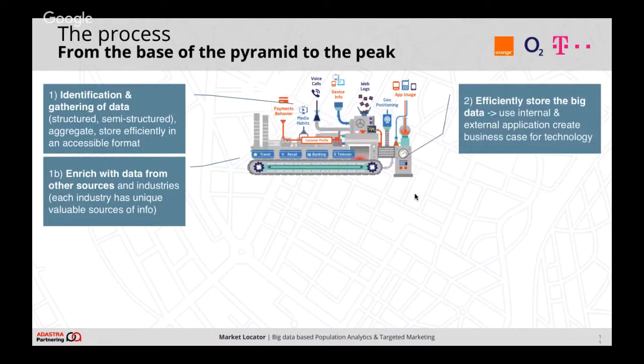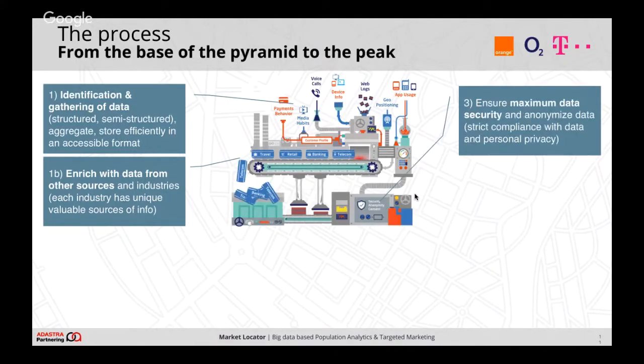Then we had to figure out how to efficiently store that amount of data and how to create a business case for the technology around it. A very important point is ensuring the maximum security and anonymity of the data. So being compliant with the strict data and personal privacy laws which are around the world.